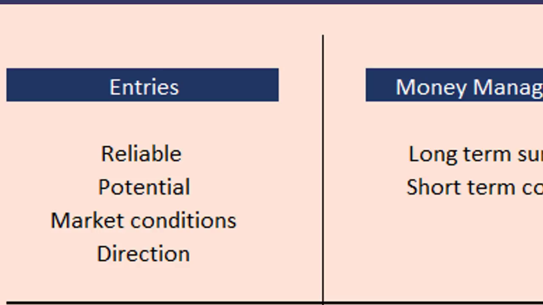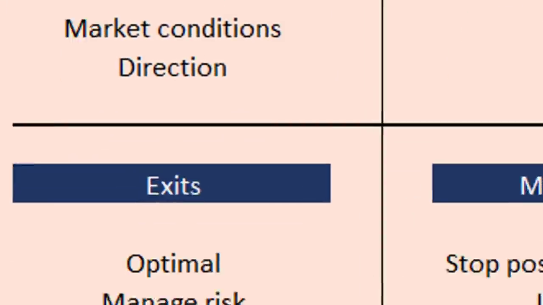You need to find the direction correctly, consistently over a long amount of time, and you need to be able to read the market conditions so that you use the right entry technique. Developing these skills takes a long time, and you have to test probably a number of techniques to find one that you are comfortable with.